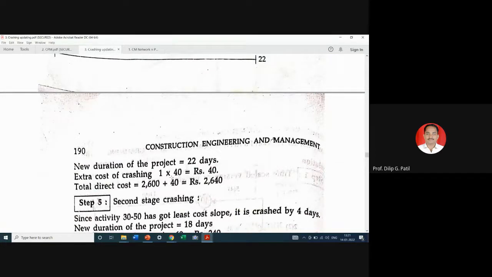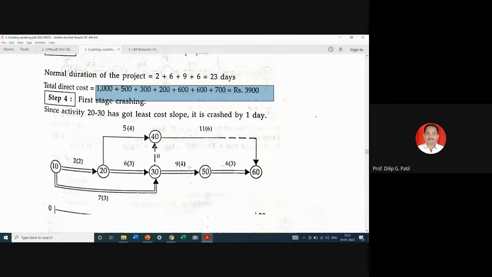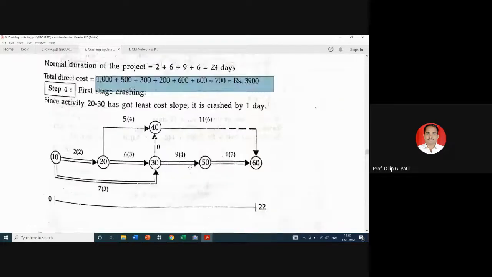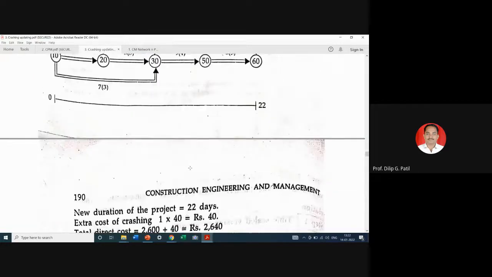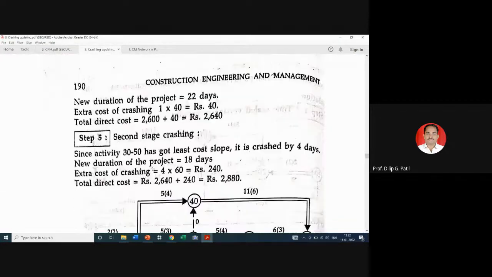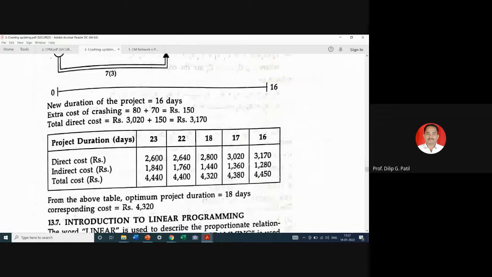Extra cost of the crashing will be 1 into 4, that is 40, and direct cost will be 3,900. Then 2,600 plus, for 23 days, you can see 2,600 plus indirect cost.